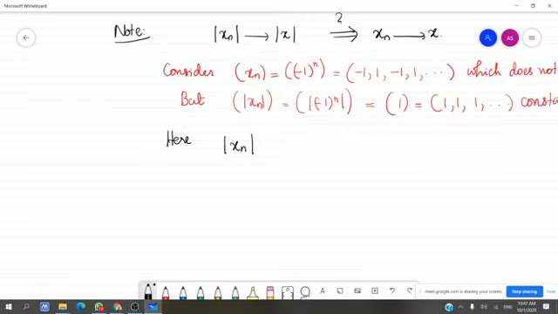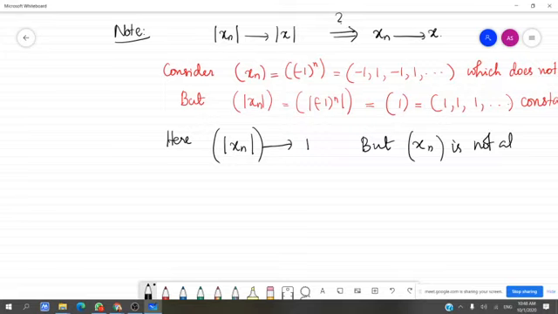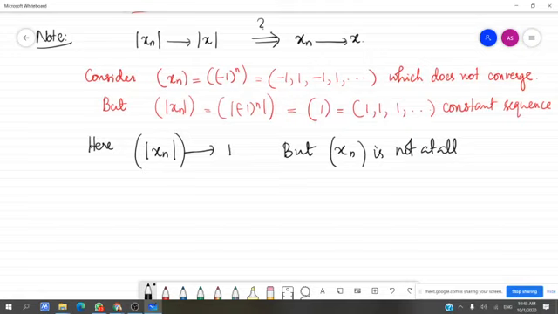Modulus of xn converges, but the sequence xn doesn't converge. It is not at all convergent. So the converse of this theorem is not true.